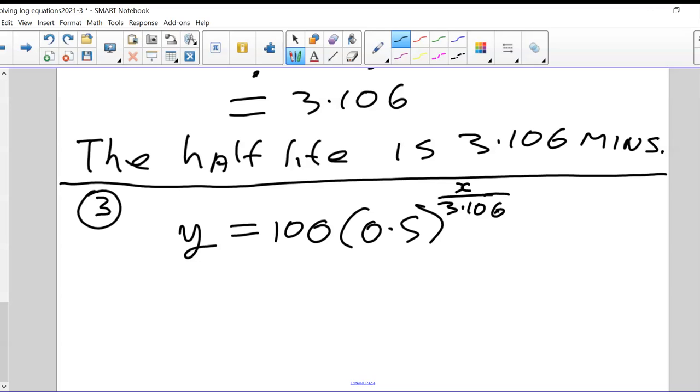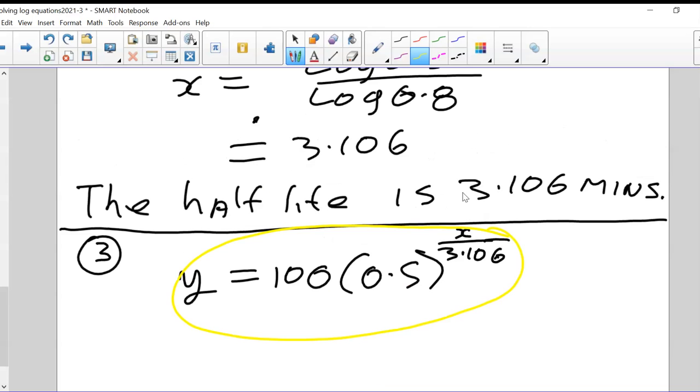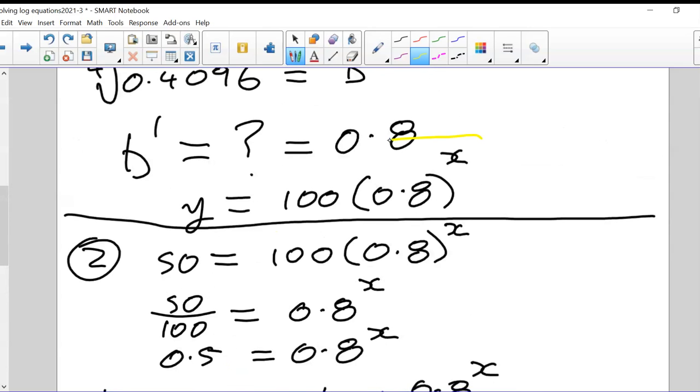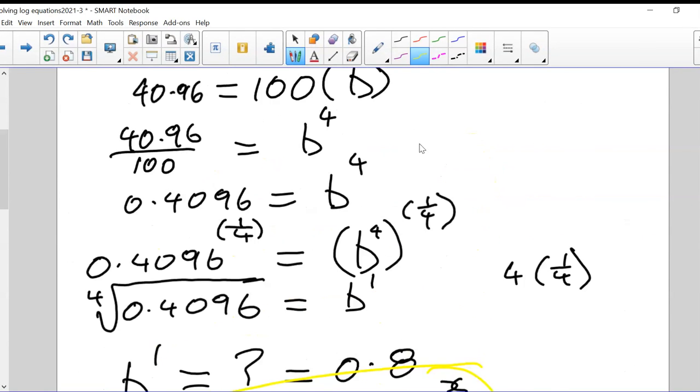So the fact is that both of these equations are equivalent equations. If I were to put them on a Desmos graph, isn't it 0.8? No, it's not 0.8 anymore because I'm now writing it with a base of 0.5.